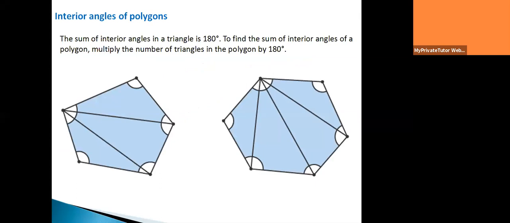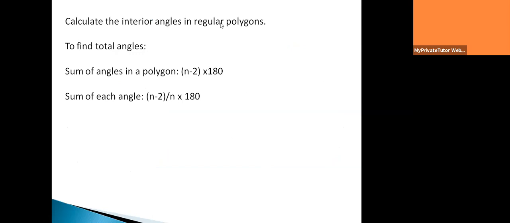To find the sum of interior angles of other polygons, we can make triangles in those polygons and figure out the total angle. This is one method, but it looks a little complicated, so let me explain the easier way, using a formula.